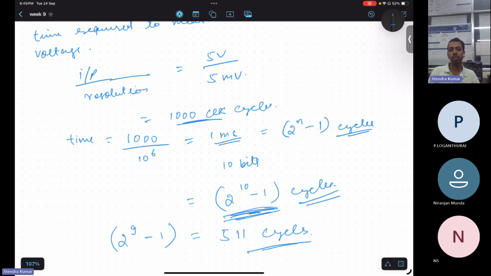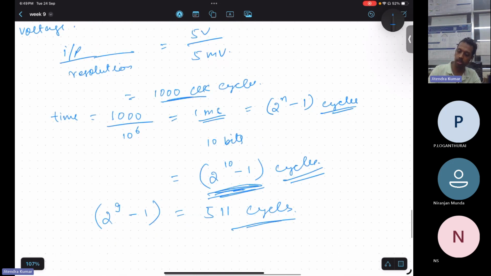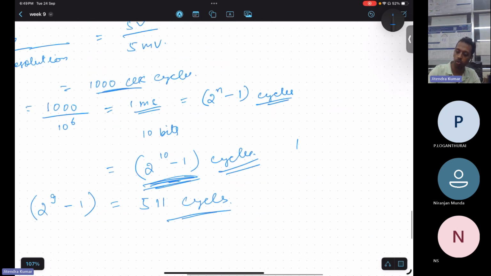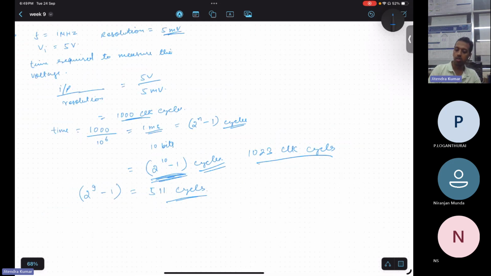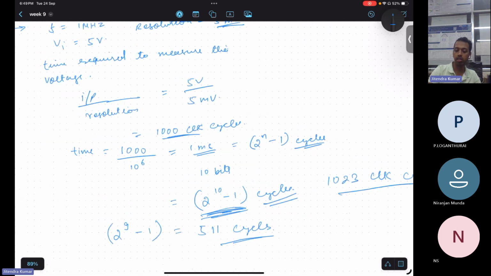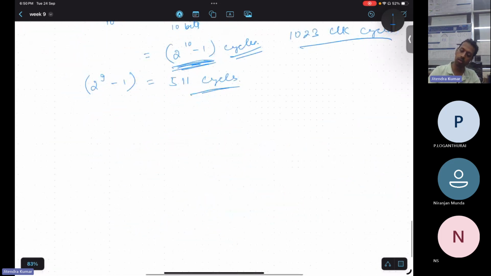So we have to minimize, and that is when the successive approximation type voltmeter came into the picture. We wanted to reduce this much time, thousands of clock cycles, or 1023 clock cycles. We wanted to optimize this time and make our measurements faster.